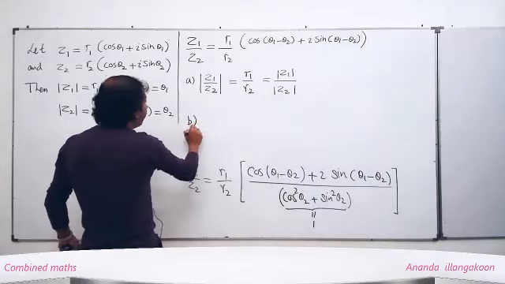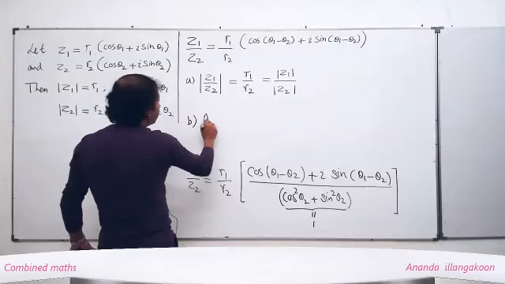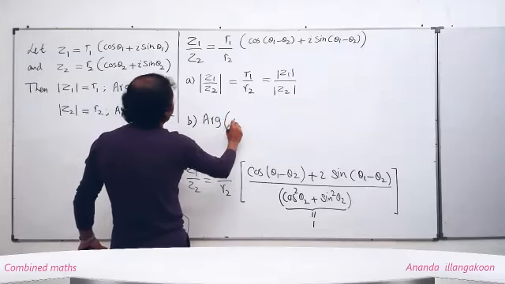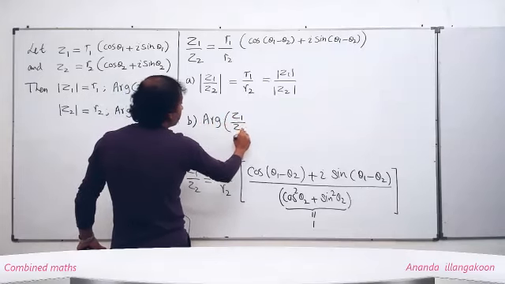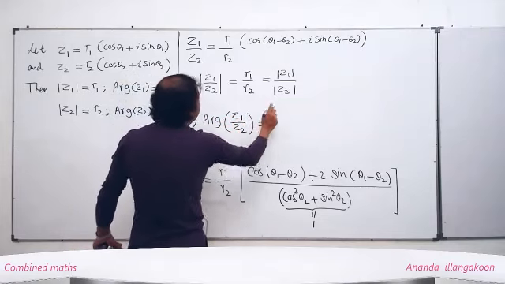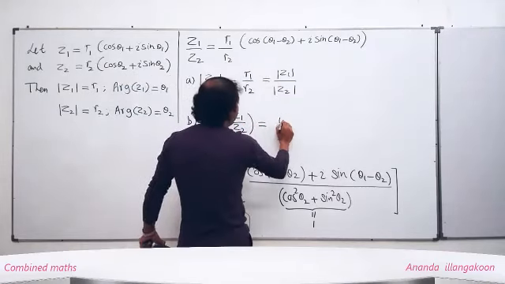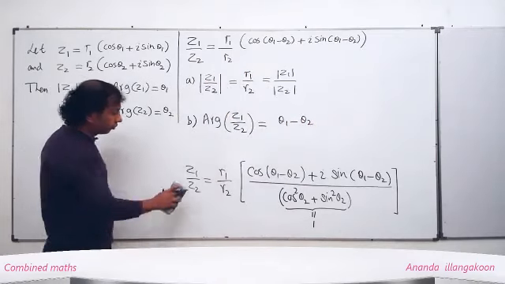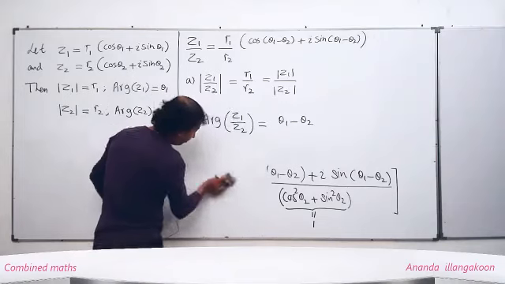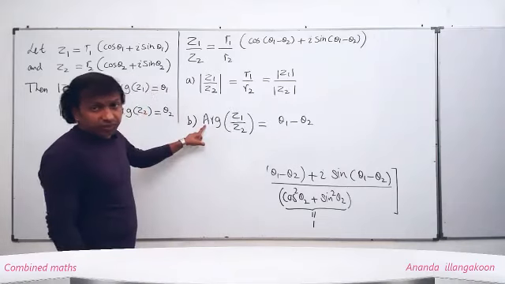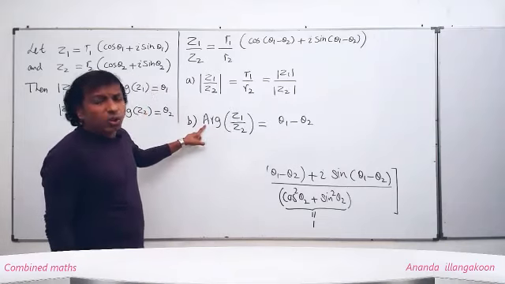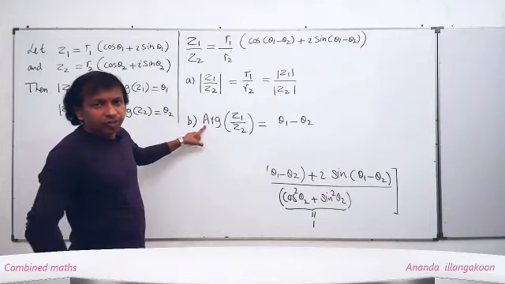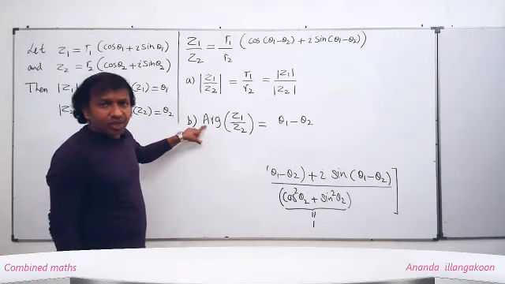Now, part B. Argument. Arg Z1 divided by Z2. It is, on the right-hand side here, theta 1 minus theta 2. Here, people, though the simple A is the very common one to write here, we know the capital A we use for the principal argument, no?